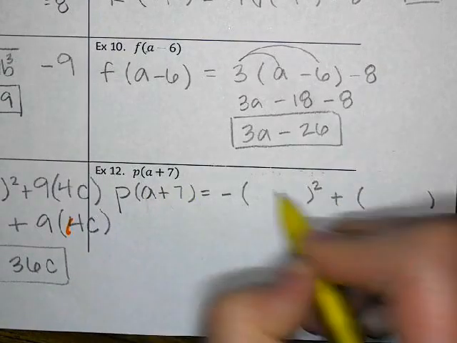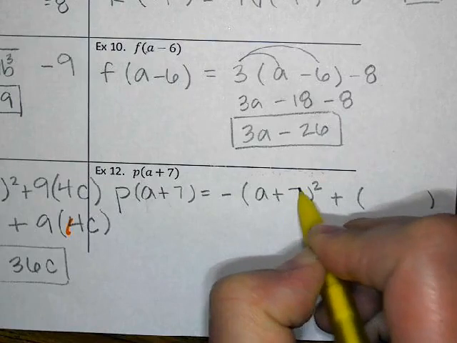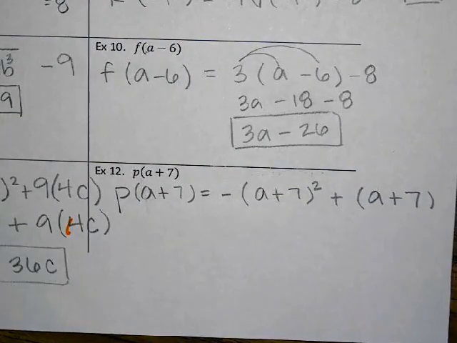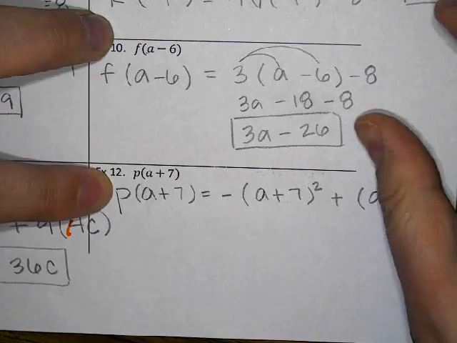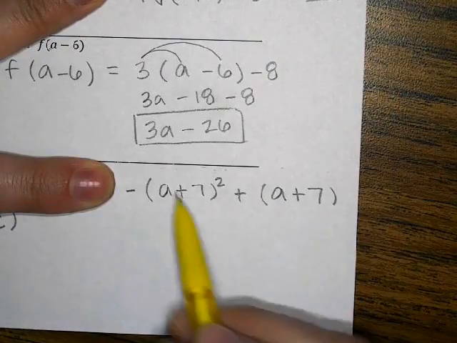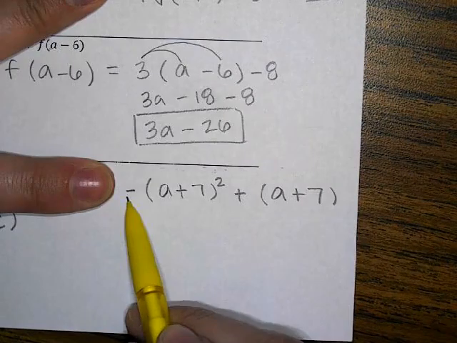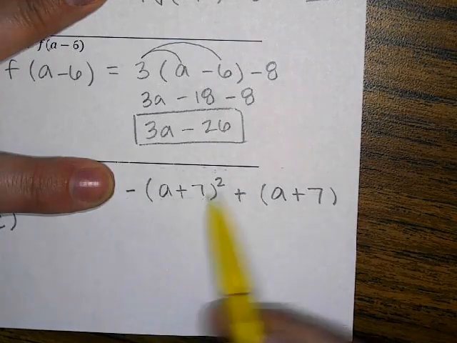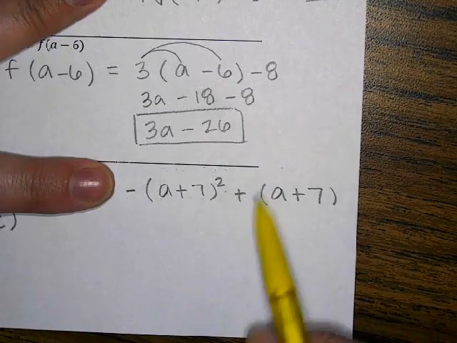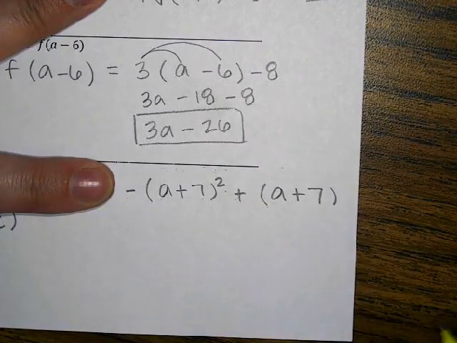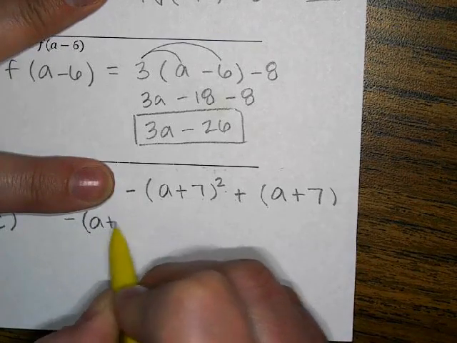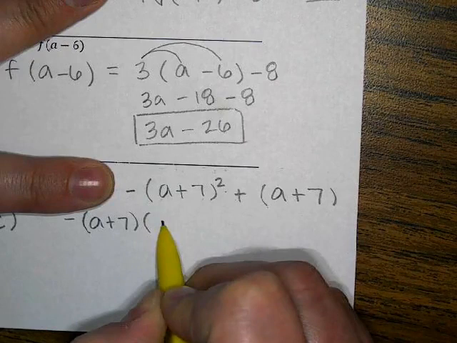Okay, so this beginning part is notation. And then this says we're going to have the negative version of a plus 7 multiplied by itself. That's what squared means, so there's two of them, plus a plus 7. So I have the negative version of a plus 7 multiplied by itself plus a plus 7.